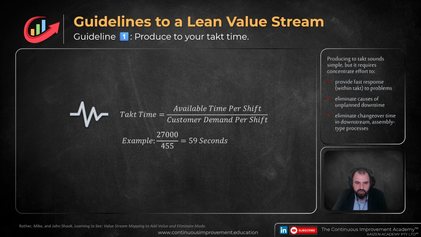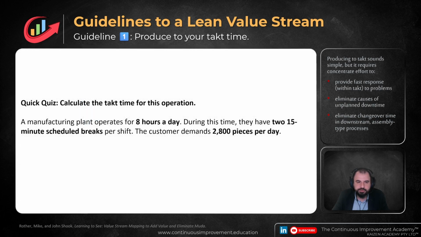In other words, our production rhythm should be producing one piece every 59 seconds. If you produce faster than this, you're overproducing. If you produce slower than this, you will not be able to satisfy the customer demand.